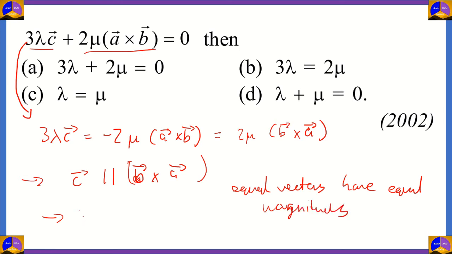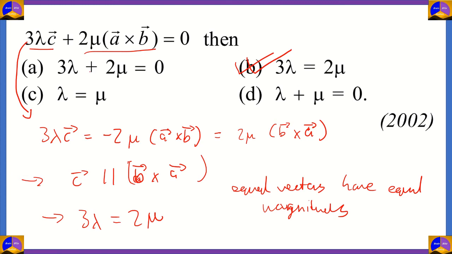So that means you can write 3 lambda as equal to 2 mu, because 3 lambda is multiplied to c, and 2 mu is multiplied to the cross product of b and a. So therefore option B, 3 lambda equals 2 mu, is the correct option.